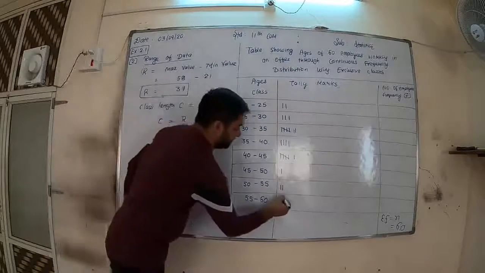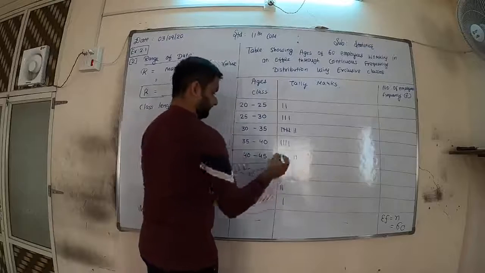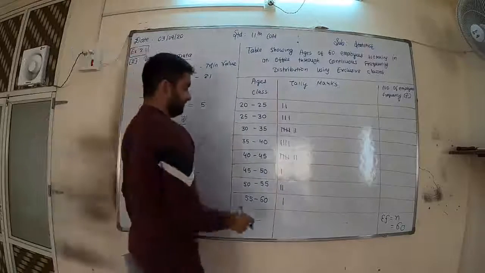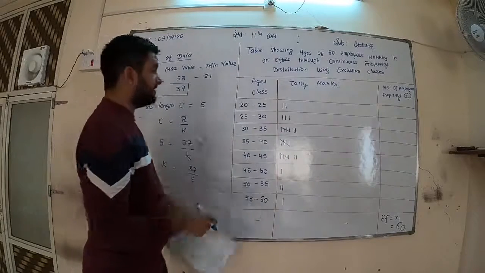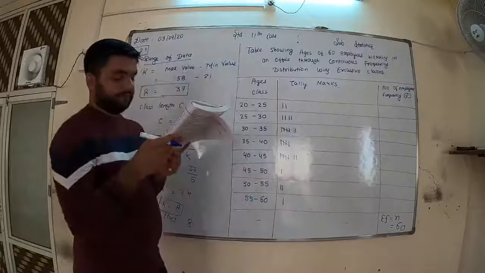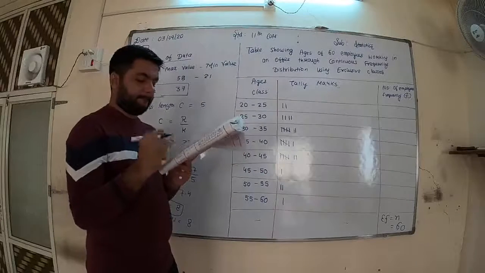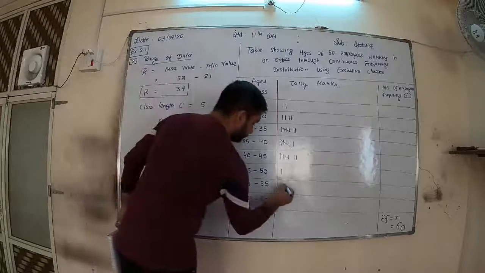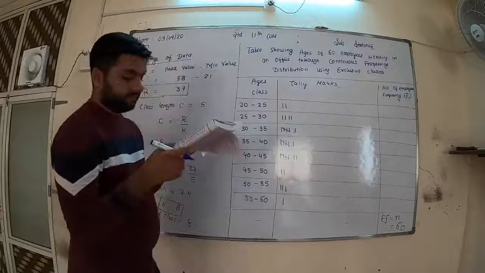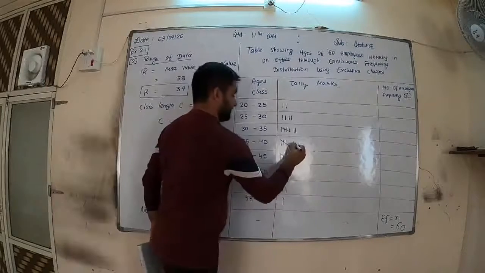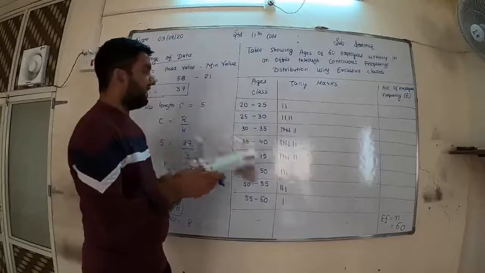Now 58, 41, 38, 26, 39. Okay, now 52, 45, 30, 46, 27.